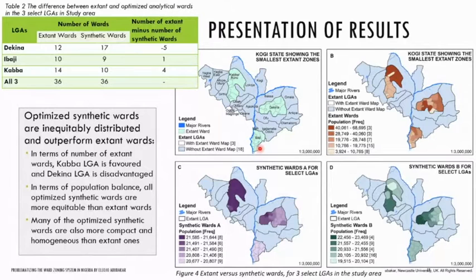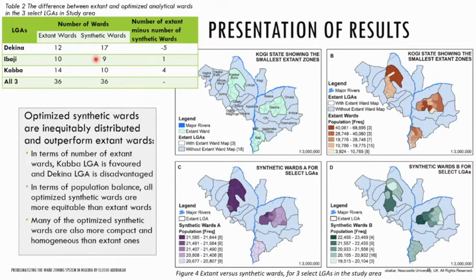And so what we found was that for Dekina, you had 12 wards; for Ibaji, 14 wards; and Kabba-Bunu 10, because the 3 local government areas have 36 wards altogether. When you created optimized wards, you discover that Dekina got allocated 17, Ibaji 9, and Kabba 10.